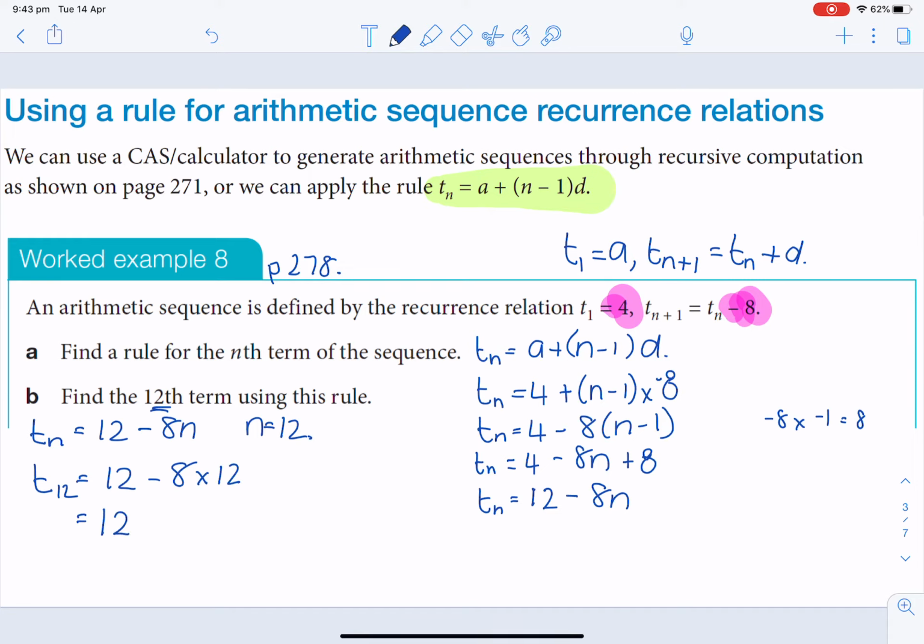And 12 minus 8 times 12, little side note, is 96. 12 minus 96, keep putting T of 12 down the side, equals negative 84. So my 12th term in the sequence would be negative 84 if I continued down by 8 each step.